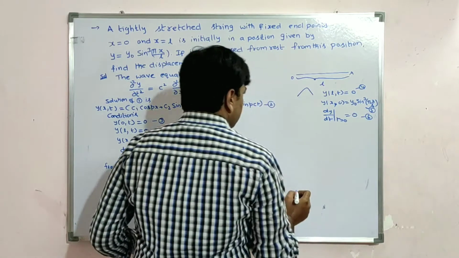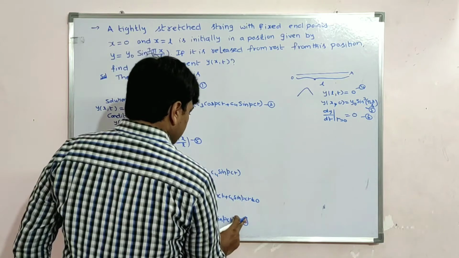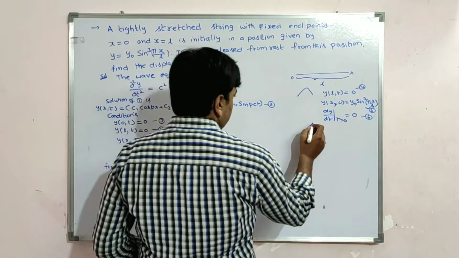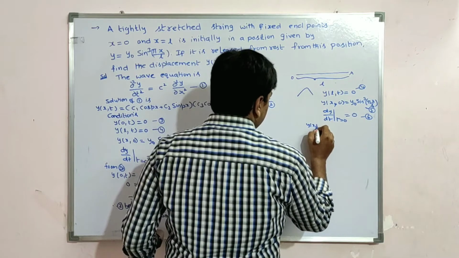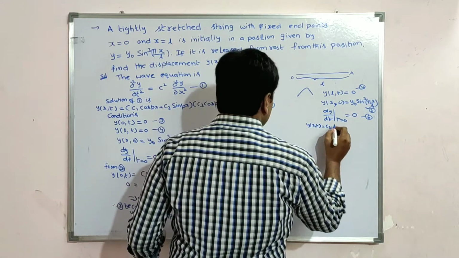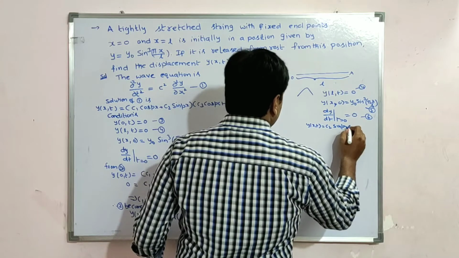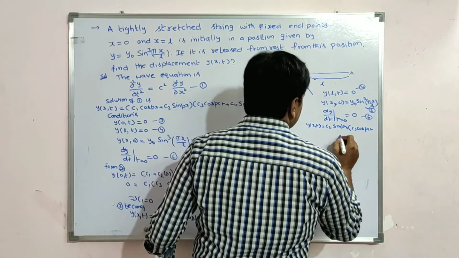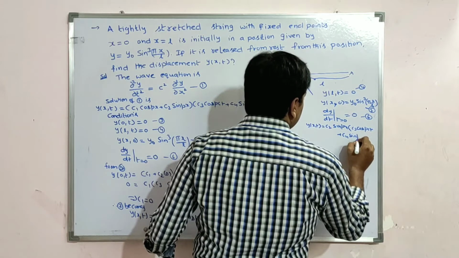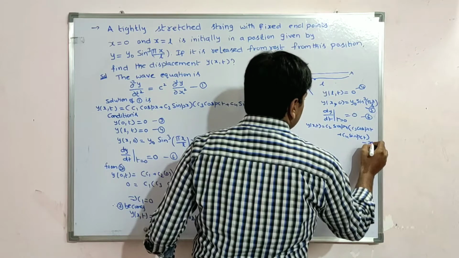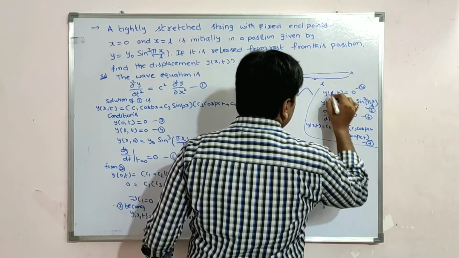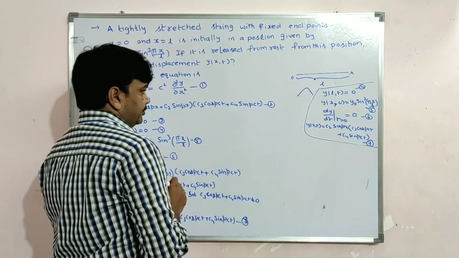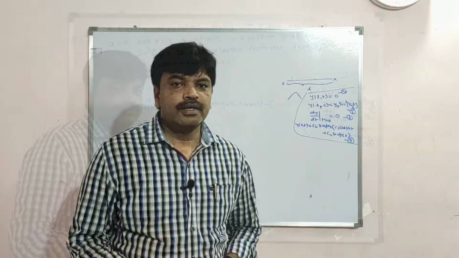This is 7, not 6. Write this solution also here: y at x comma t equal to c2 sin px into (c3 cos pct plus c4 sin pct). So this is 7, students. We need all these values. Let us continue, students.